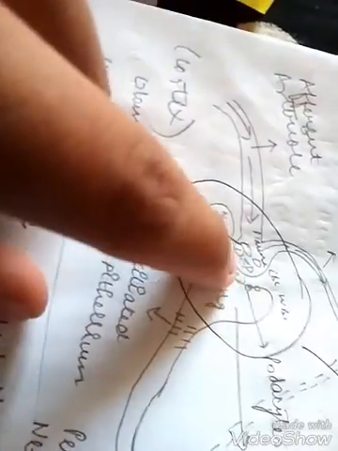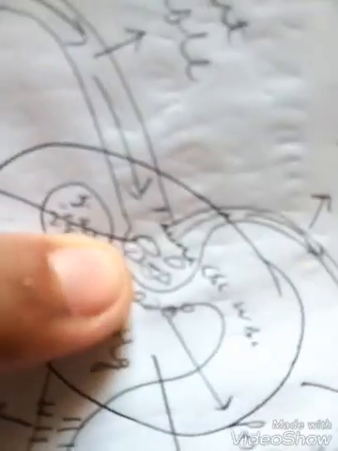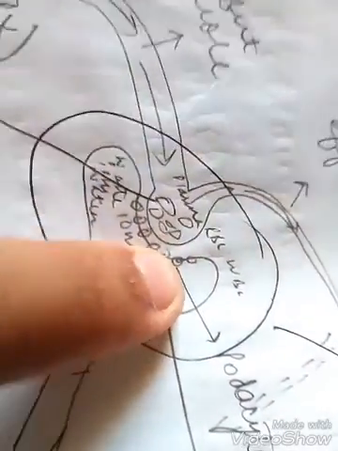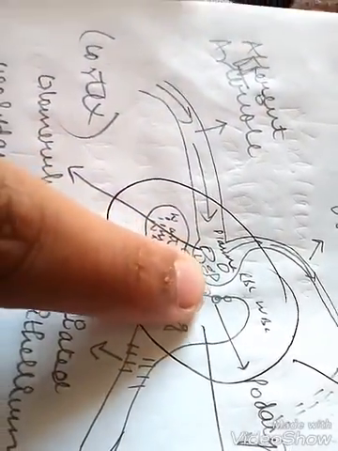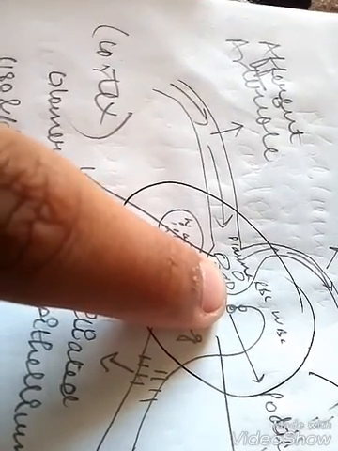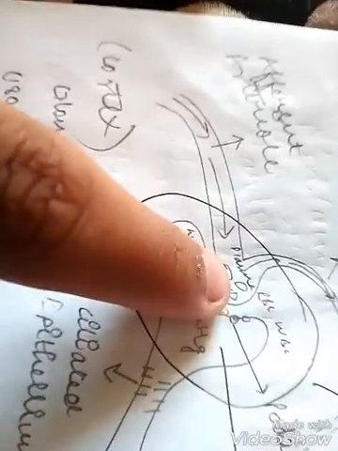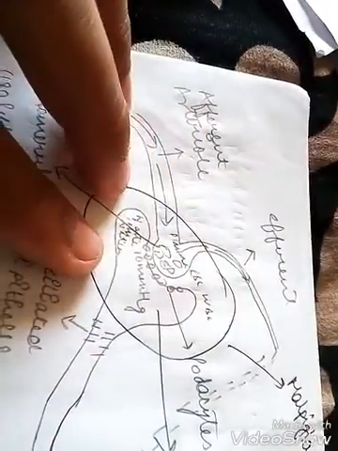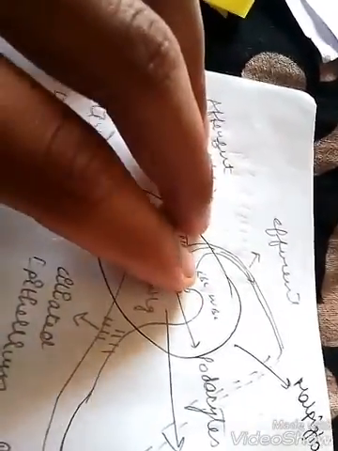Now you would be able to see some round structures over here. These round structures are called the glomerulus. What comes to this glomerulus? The things which are in the blood: RBC, WBC, platelets, and many other things like water and ions.